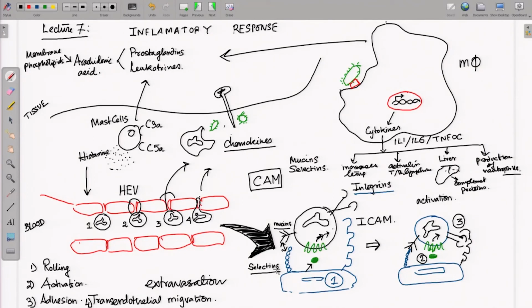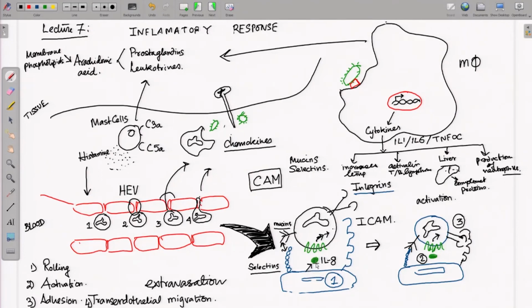Then there is activation. Activation is primarily because of the secretion of chemokine. The major chemokine involved here is interleukin 8, IL-8, which is responsible for the second step, the activation step.